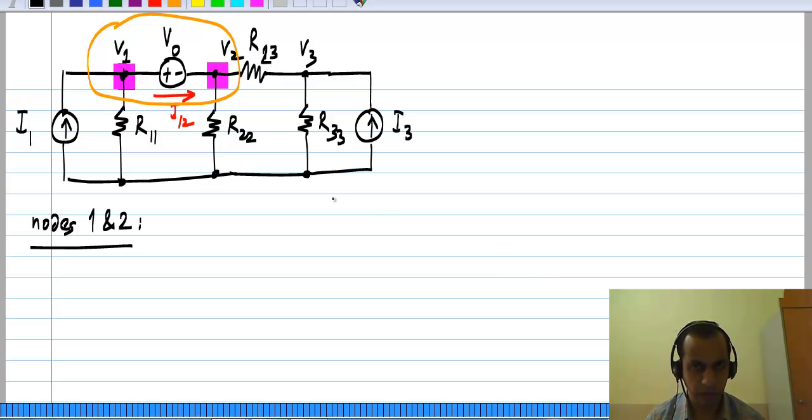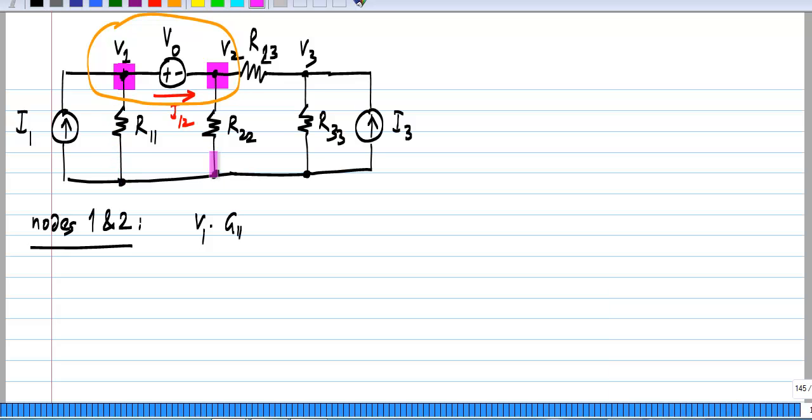So the combined equation for nodes 1 and 2 is nothing but the sum of currents leaving the supernode through resistors, which corresponds to V1 times G11, because at node 1 we have only a single conductance, but at node 2 we have these two conductances G22 and G23. So we have V2 times G22 plus G23, and you can have conductances going from any one of these nodes to other nodes outside the supernode, and those will appear with a negative sign as usual, minus V3 times G23.